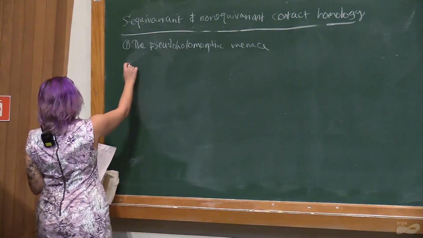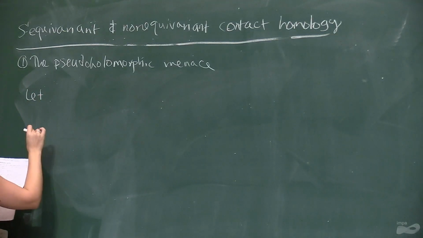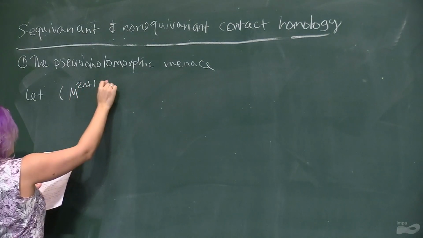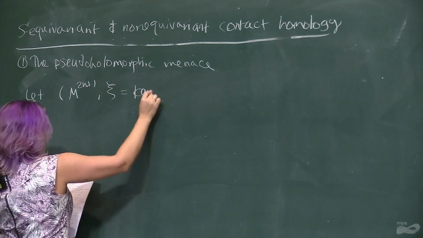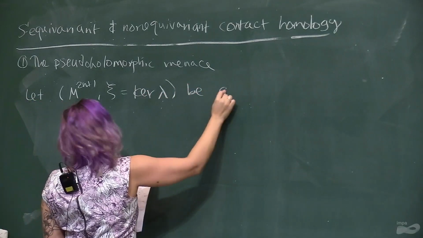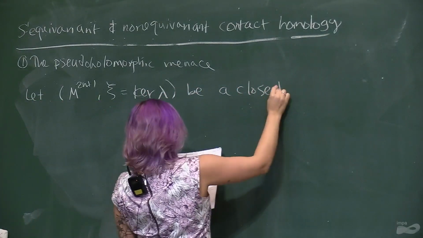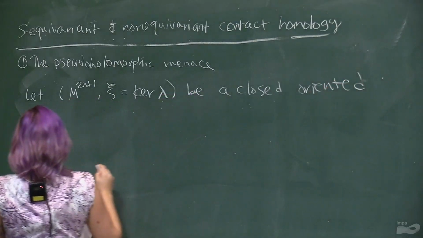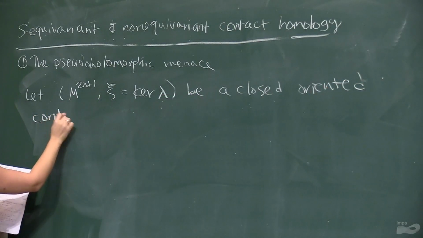Okay, so to set notation, I'm going to let M^{2n+1} be my contact manifold. It's going to be a closed, oriented contact manifold. And then I'm going to assume that the defining one form lambda is non-degenerate.